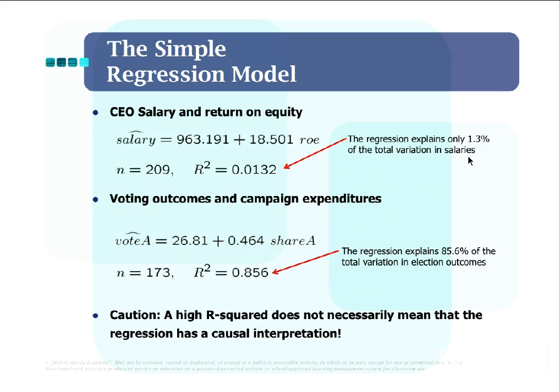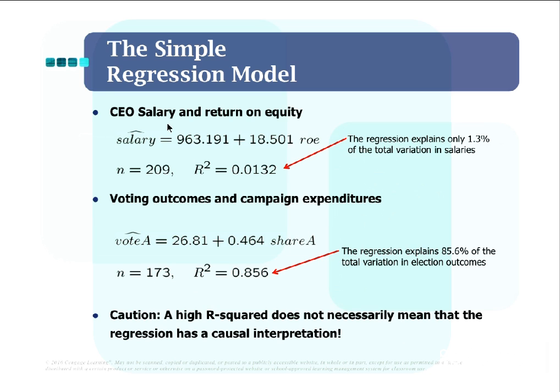That is, ROE, return on equity, explains 1.3% of the variation in salaries. Basically, the explanatory power of ROE on CEO salary is small.